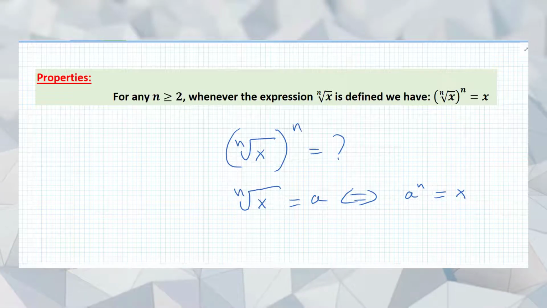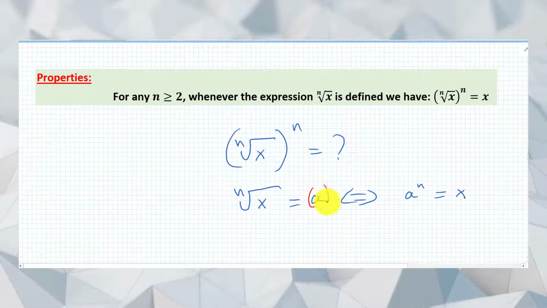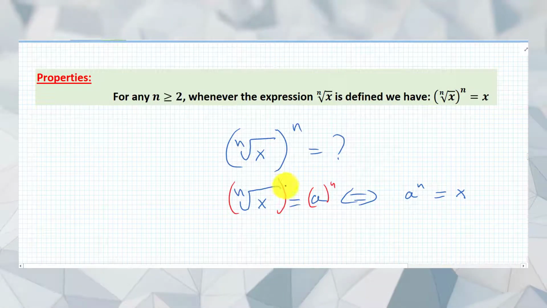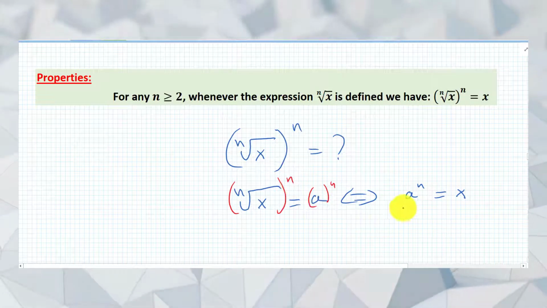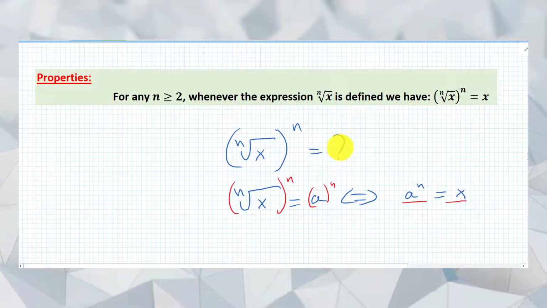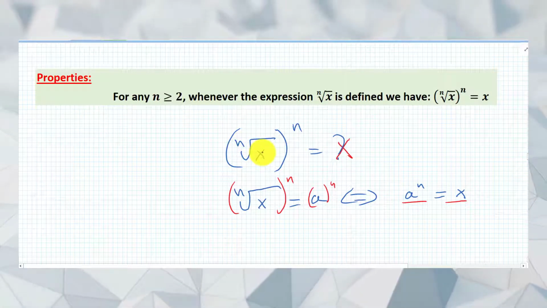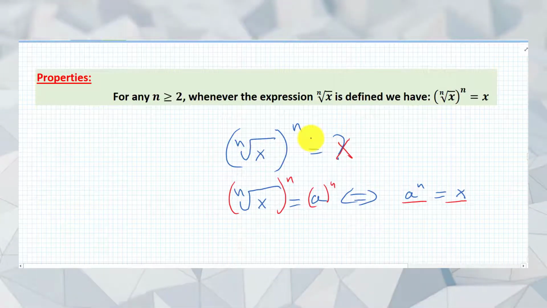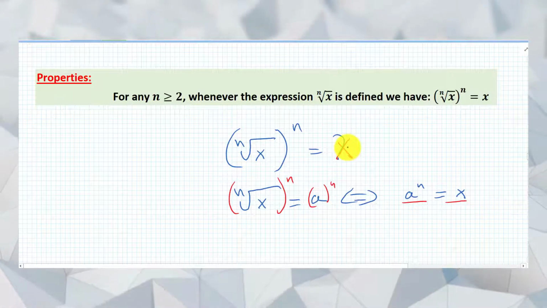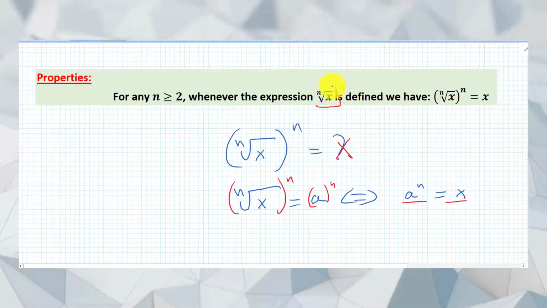So if you raise this to the power of n, you're going to find x. The nth root of a real number x raised to the power of n is always equal to x whenever this expression is defined.